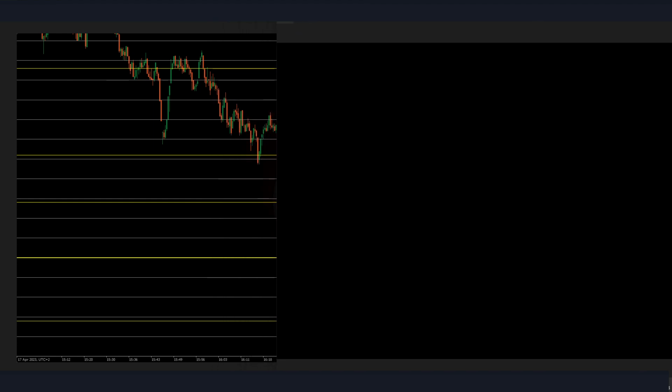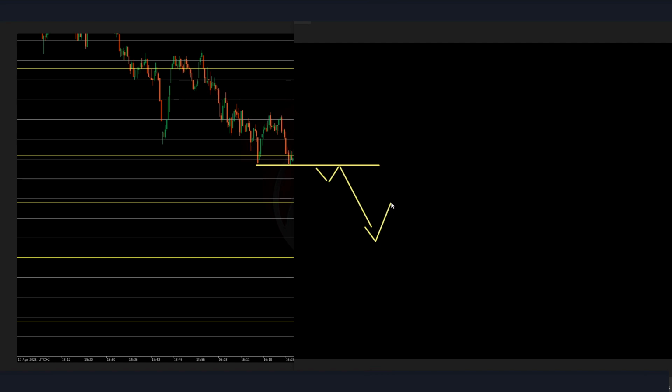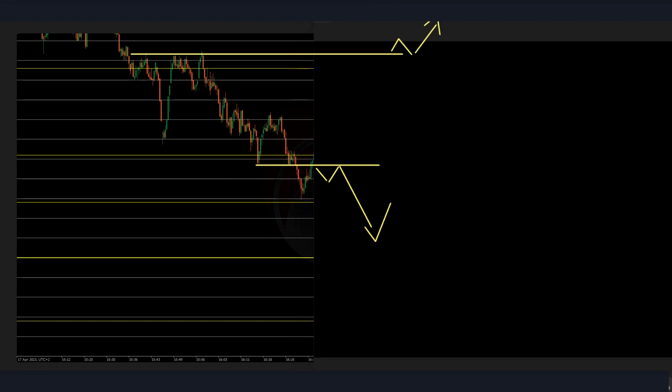We took advantage of it. We're seeing our bounce. We have this market structure. Do we break below and do like this? Or we break above and do like that? Okay, so let's say you enter at this candle. Another win.